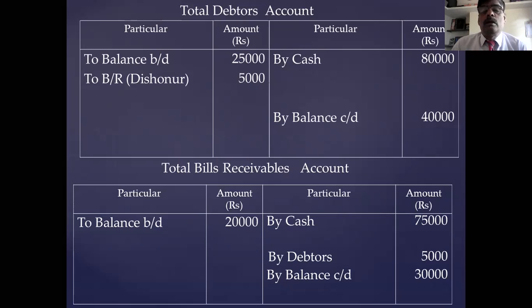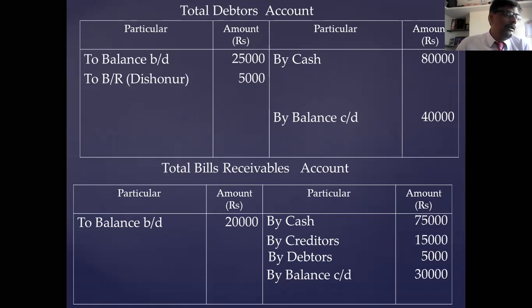So bills receivable amount decreases, asset amount decreases, so it is to be credited. By creditor 15,000. You may write as bills endorsed. For your reference purpose, in the bracket you write endorsement of bill. By creditor. In the creditor account, this comes in the debit side. Remember this point. Bills receivable endorsed.